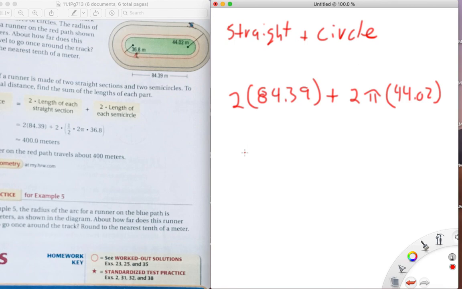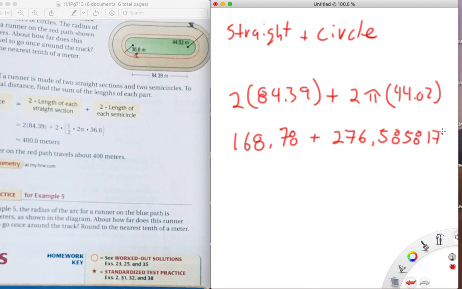So 2 times 84.39 is 168.78, and then 2 pi times 44.02 gives me about 276.582.